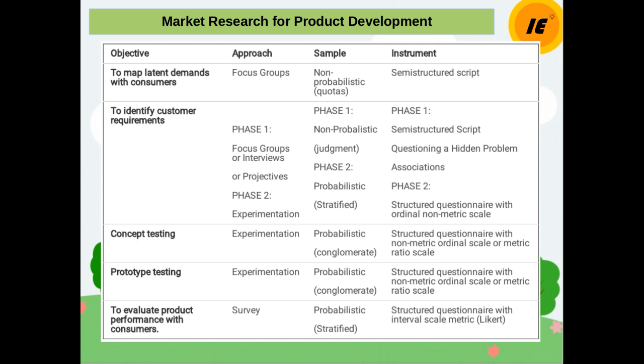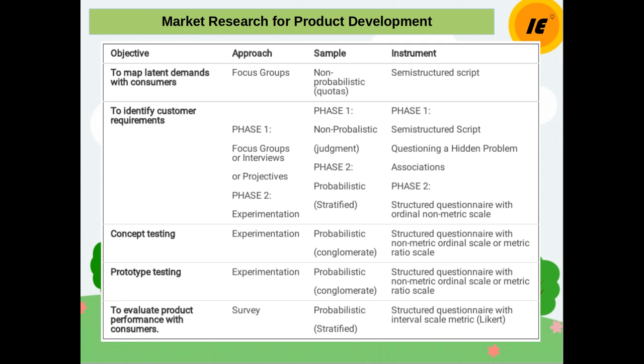Now as far as the instrument of market research is concerned, in this second phase of market research, in order to identify customers' requirements, a semi-structured script can be used in the first phase if the focus group approach is chosen, or questioning a hidden problem for individual interviews, or even an association for projective techniques.